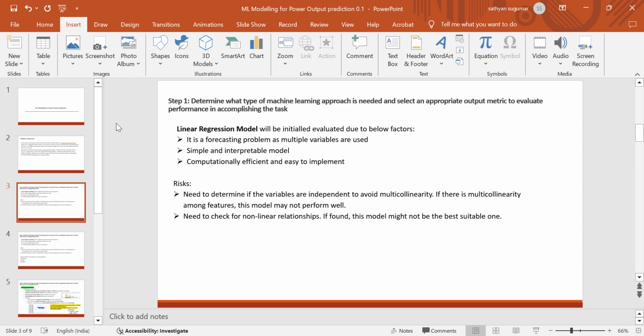And another good thing about this one is it's a simple and interpretable model. If we want to explain this to someone, we can easily do so. And also it's computationally efficient. But there are some risks associated with this model. One is if there is any dependency between any of those variables, it could result in multicollinearity as well.